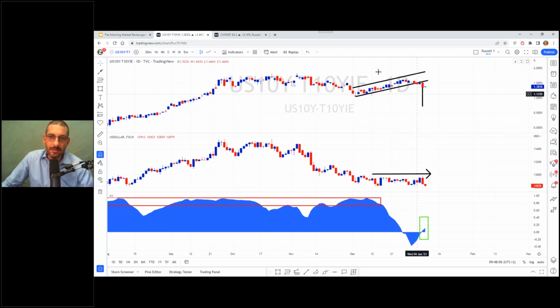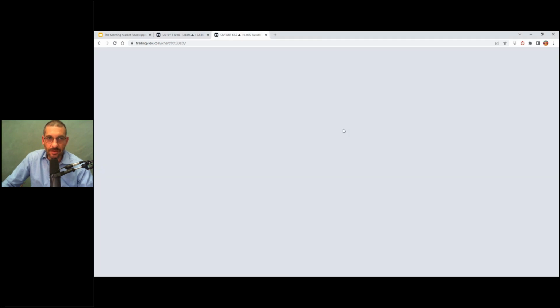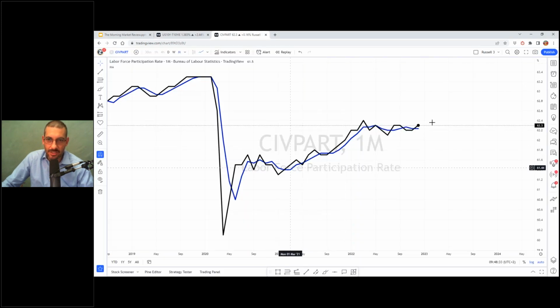The whole idea behind the rates is inflation first and foremost, and the sticky inflation seems to have started moderating. We've looked at the median CPI previously. Besides that, what about the wage inflation? Let's take a look at this on a couple of levels. The first thing I want to bring up here is the participation rate.